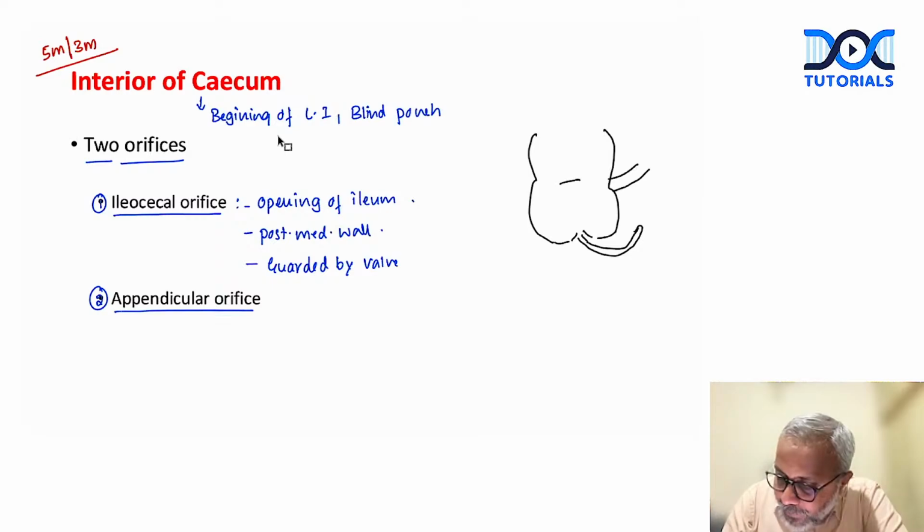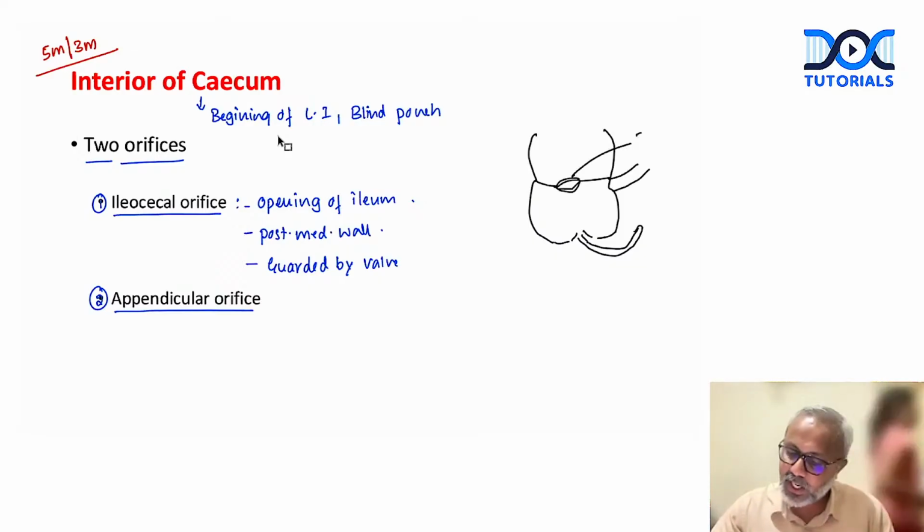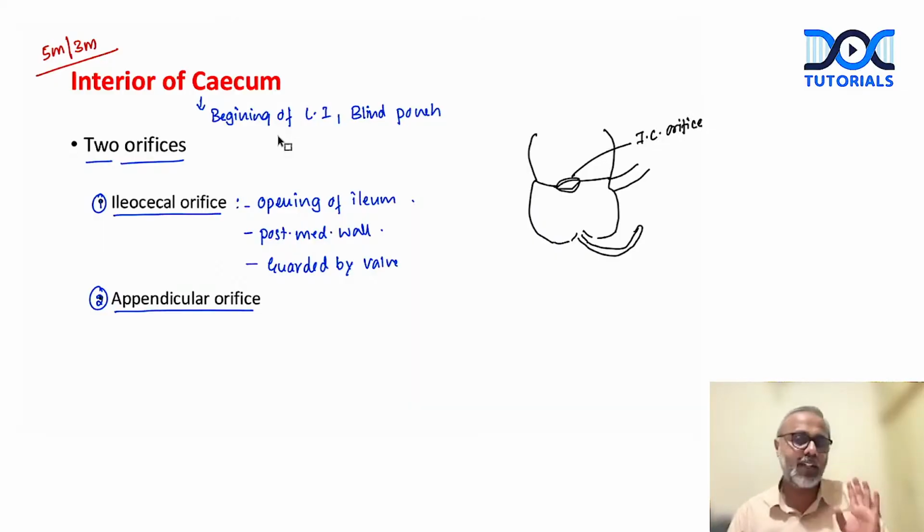So we have the ileocecal orifice here, okay? This ileocecal orifice is guarded by a valve. Now this valve is produced by reduplication of mucous membrane, right? So this is the ileocecal orifice. So this is the first thing that we need to show.